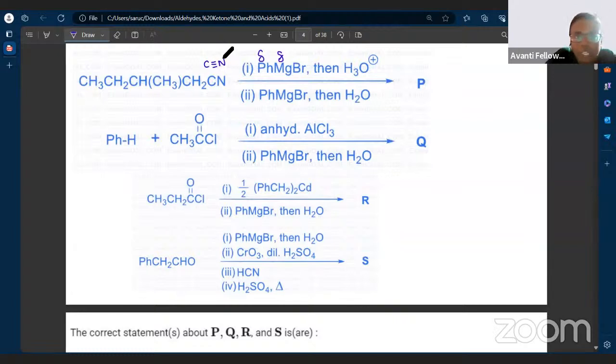When you take cyanide, N is more electronegative than carbon. Nitrogen will pull the electron towards itself, right? So what will be the sign on nitrogen and what will be the sign on carbon?